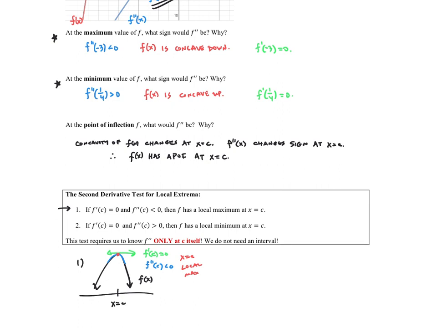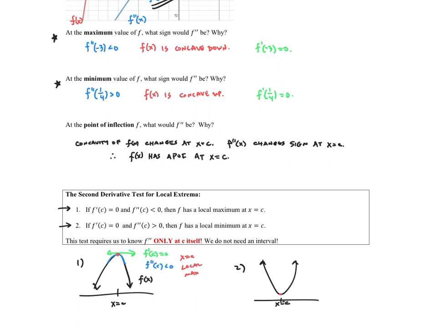Okay, likewise, the other way around, looking at example 2, f prime at c equals 0. Let's sketch a very similar graph. Okay, there's x equals c.